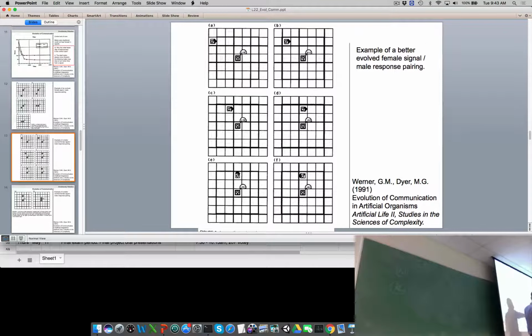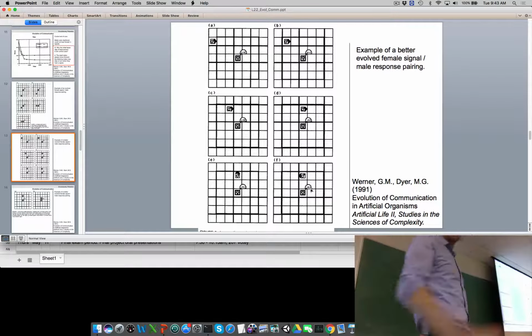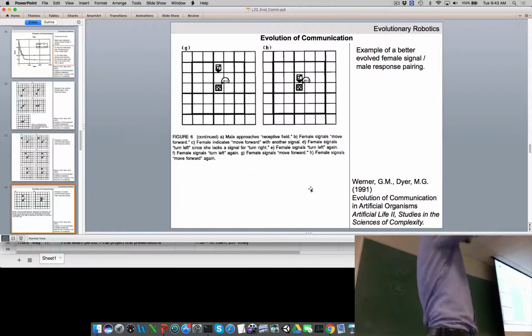Remember that the female, however, can see, quote unquote, where the male is and where the male is pointing. So she can see that he's pointed in the wrong direction, so she continues to emit the signal 1, 0, 1. So the male continues to turn left, makes 3 left turns, and now starts to head straight because she now says, all right, you're on the right heading to move towards me.